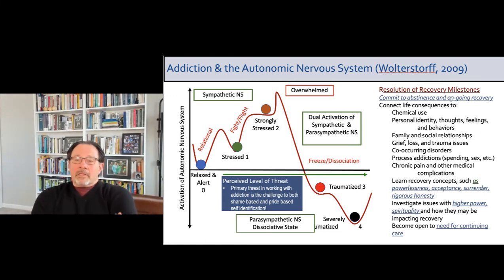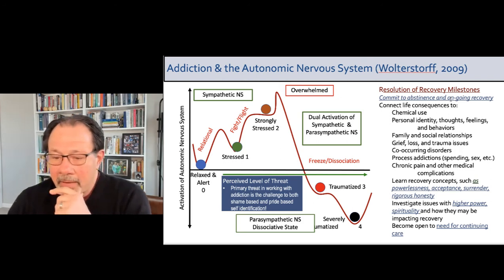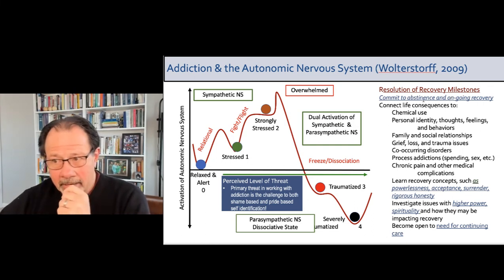Oftentimes clients will come in wanting to say, okay, I'm not going to drink, but I'm still going to smoke weed, or I'm not going to do opiates, but I'm still going to use marijuana or something along those lines. And the belief that it's not an addiction to everything, I have a drug of choice, and that's really what I need to kind of manage. And so we are going to have those conversations where it's like recovery is about abstinence.